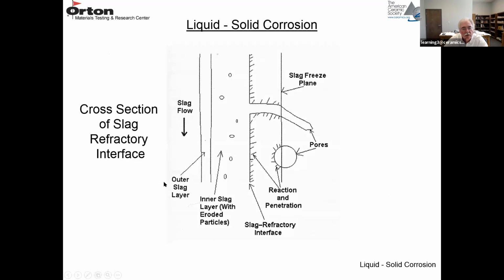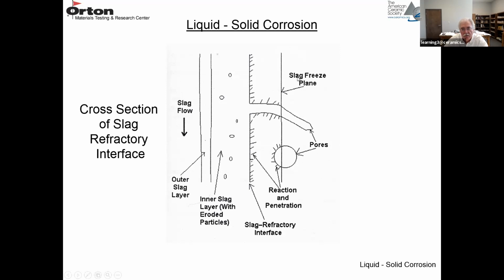So this is a cross-section, a schematic drawing. This is the slag refractory interface. This is the inner slag layer. It's the more viscous layer, and there's small particles of undissolved refractory in that, but it is more viscous. And this is your outer slag layer that is more fluid, and this shows the slag flowing in the direction of the arrow.